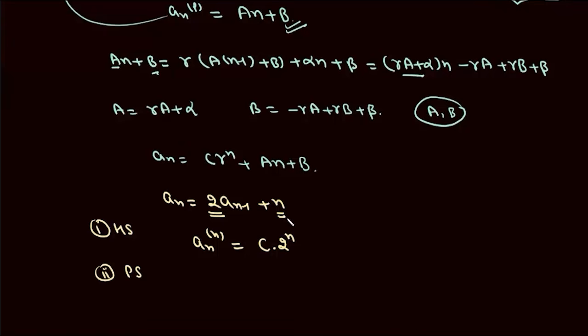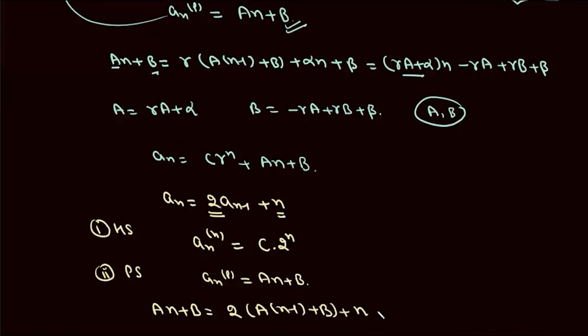And since this is linear, we'll assume an p is An plus B. So we can write An plus B equals 2 times A(n minus 1) plus B, plus n by substituting this in this given equation.